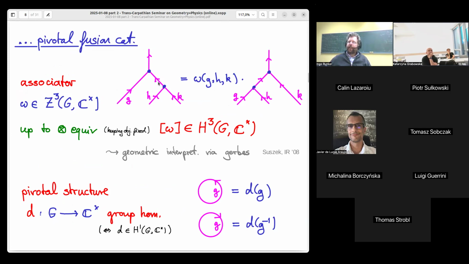So if you think of these as line defects in the quantum field theory, you can try and change this configuration with 3 incoming lines and 1 outgoing line into that one. Right? And if you do that, it turns out you may encounter a phase. So they may not be exactly equal. And this phase, it turns out, defines a class in the third group cohomology of G with values in C star, invertible complex numbers. And indeed, this is my one connection with geometry.